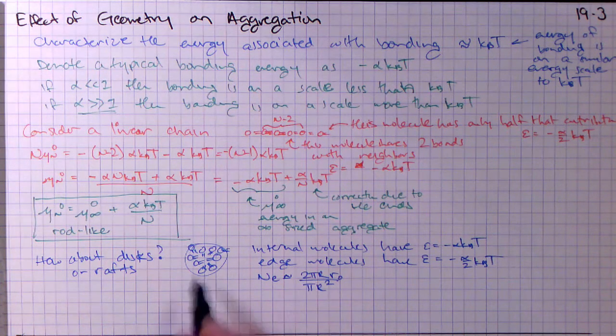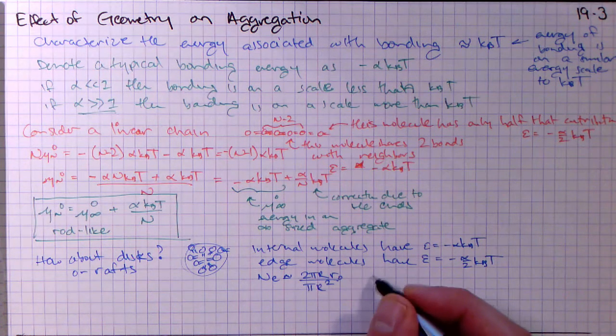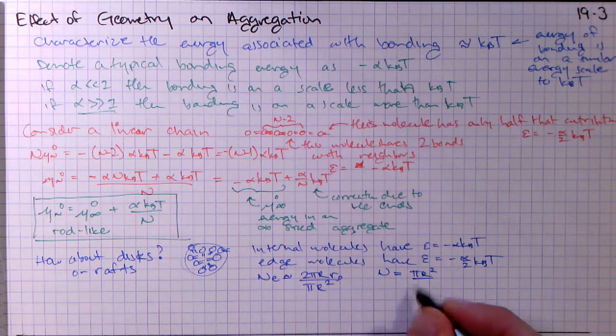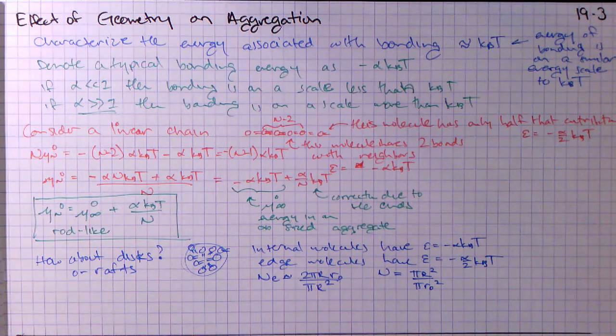So that would be the fraction, where this is the total area, right? And then the total number would be pi r squared over pi little r naught squared. That's the size of the molecule again, right? So the fraction on the edge is going to be proportional to 2 r naught over r.